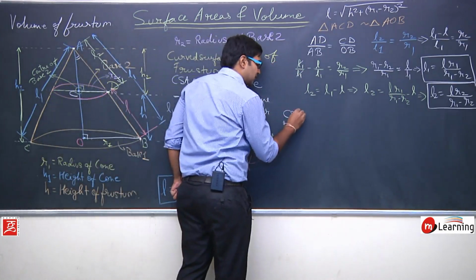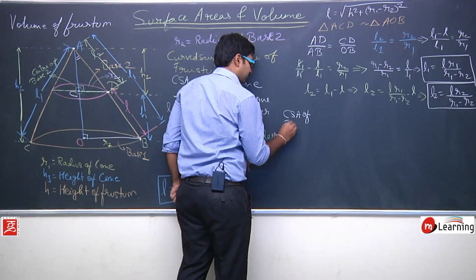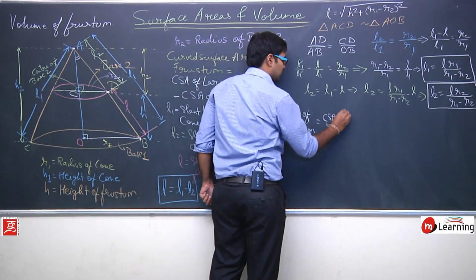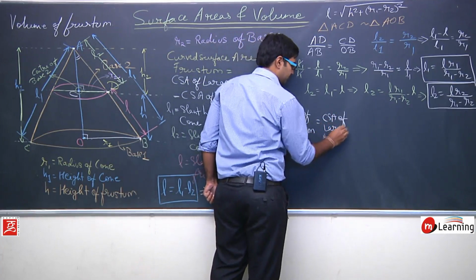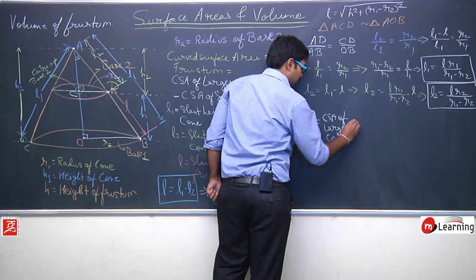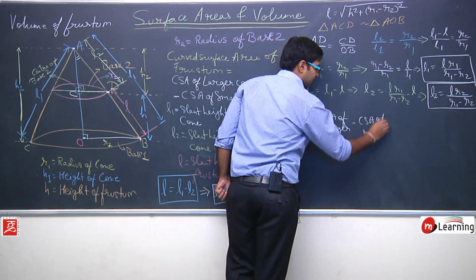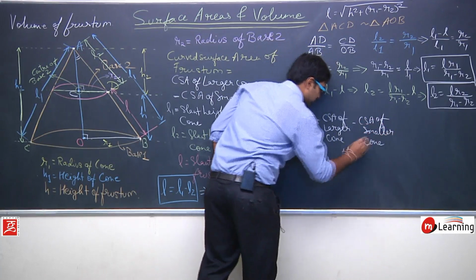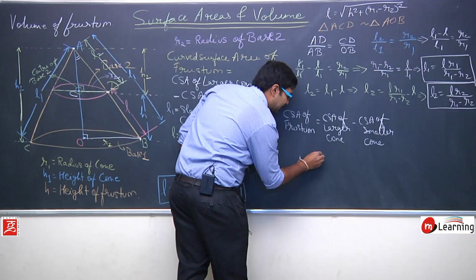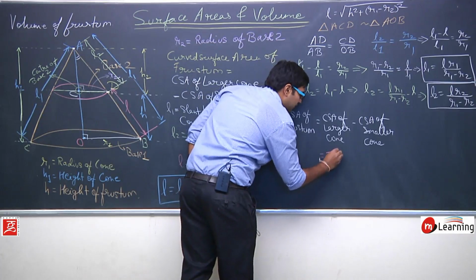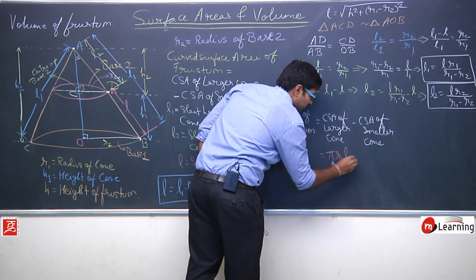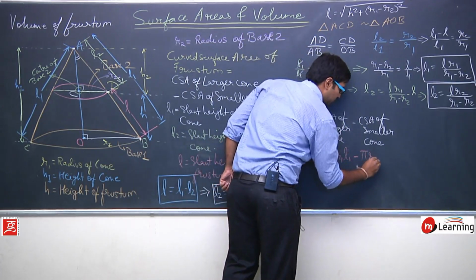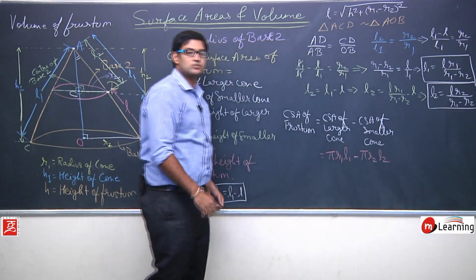I can write CSA of frustum is equal to CSA of larger cone minus CSA of smaller cone. CSA of larger cone is defined as pi R1 L1, minus CSA of smaller cone, defined as pi R2 L2.